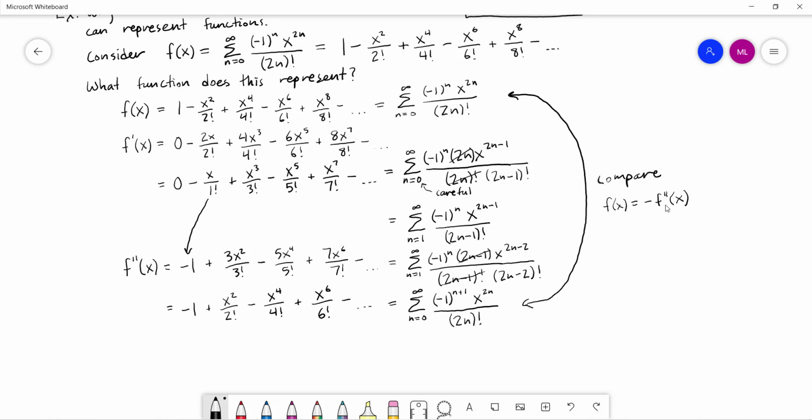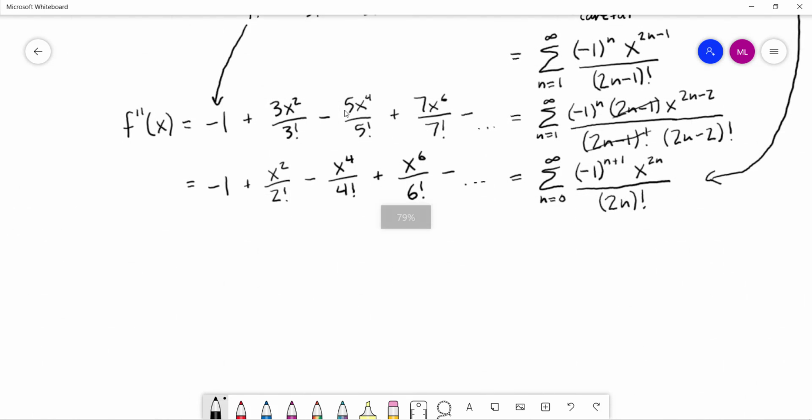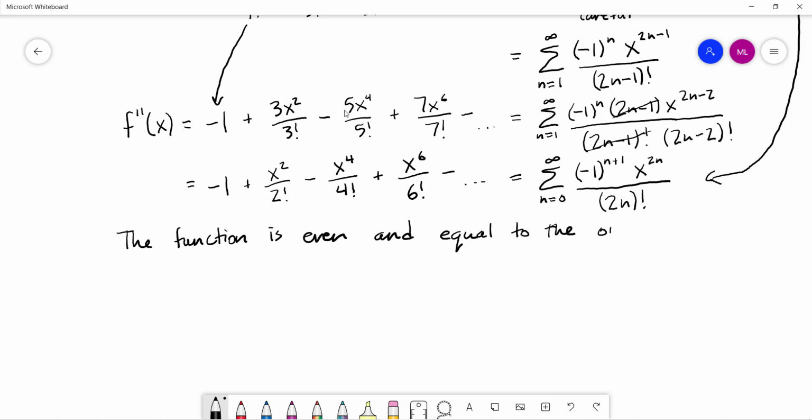What is a function that when you take the second derivative gives you back the original function but with a sign change? And that function is also even. All of these are indications. So the function is even, and equal to the opposite of its own second derivative.